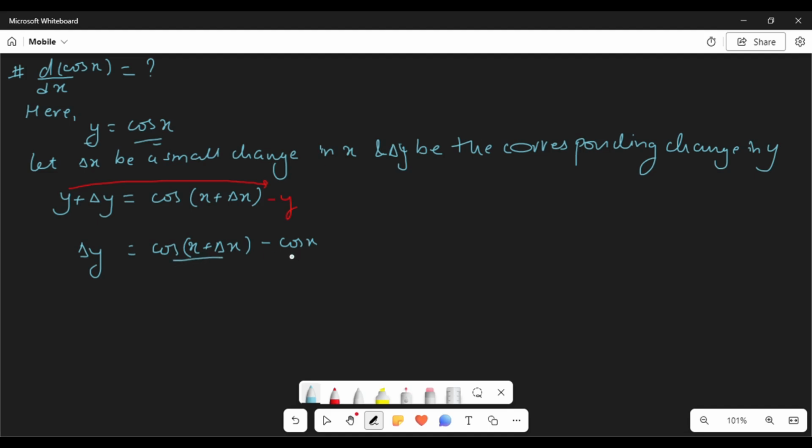So we'll apply the trigonometric formula for cos c minus cos d. And we know cos c minus cos d is 2 sine (c plus d) by 2 sine (d minus c) by 2.